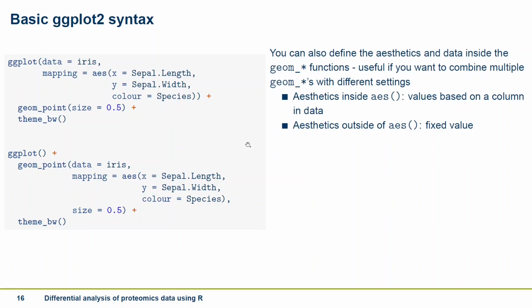One important thing is if you define aesthetics like here within this aes function, it always refers to a column in the data set. So for example, x is the sepal length, and sepal length is a column in the iris data set. If you define it outside of this aes, it's taken as a fixed value. For example, here the size is set to the value 0.5.